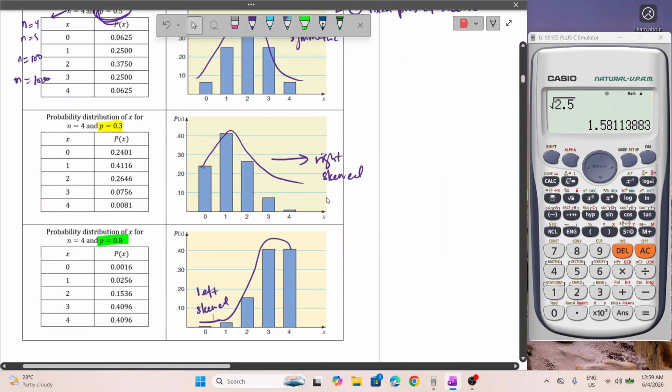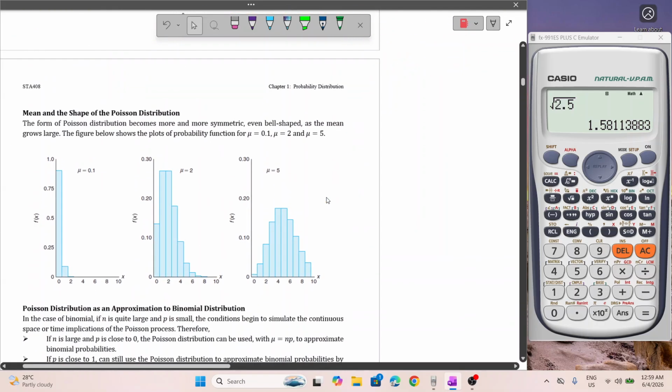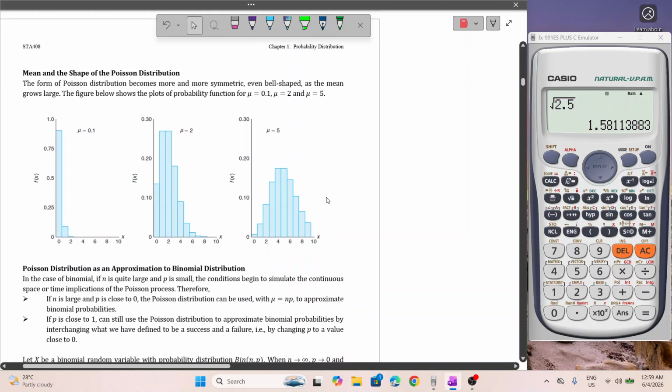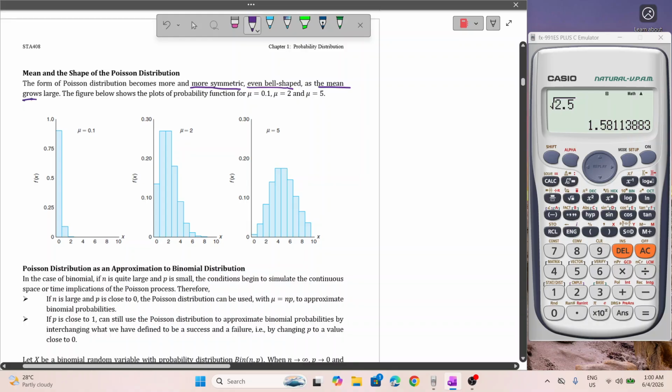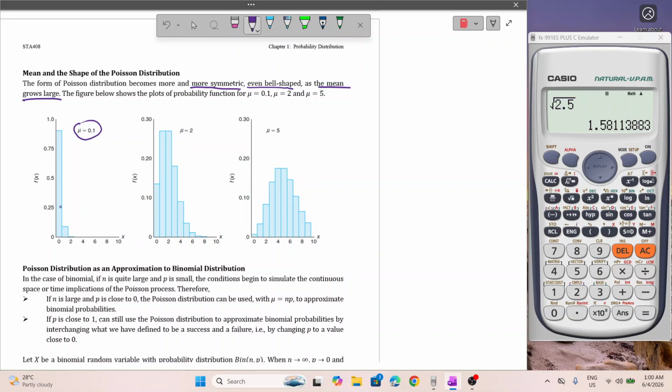Okay, now let's look at the Poisson. The form of the Poisson distribution becomes more and more symmetric, even bell-shaped, as the mean grows larger. See the mean value here: when it is 0.1, it is right skewed.